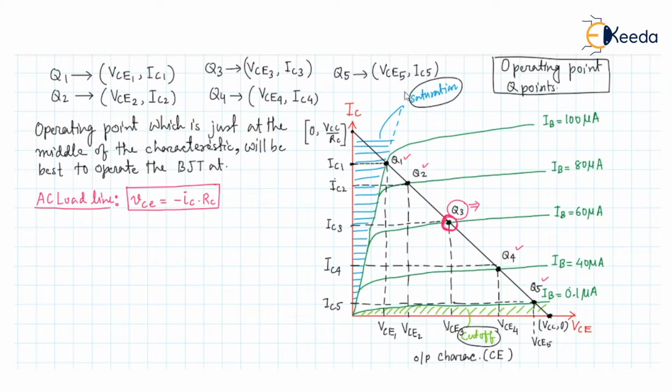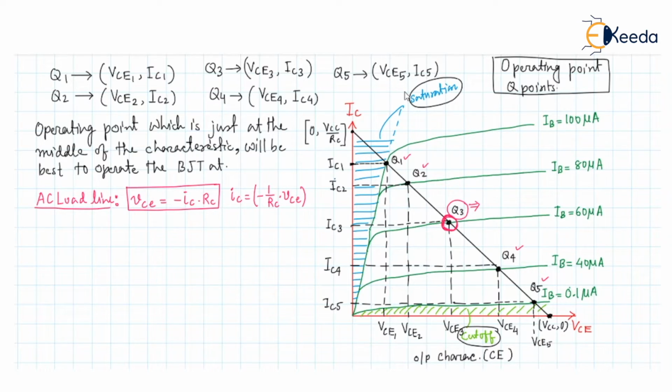All the DC voltages are 0 because we are doing the AC load line, and on this AC load line I can find the value of IC as minus 1 by RC into VCE.